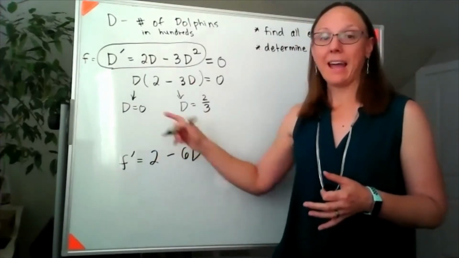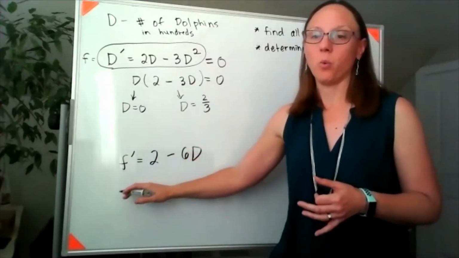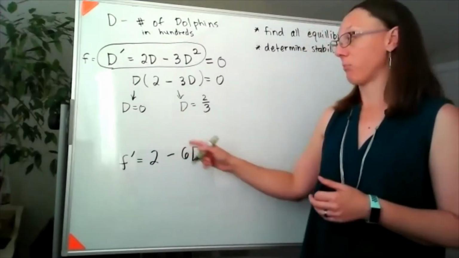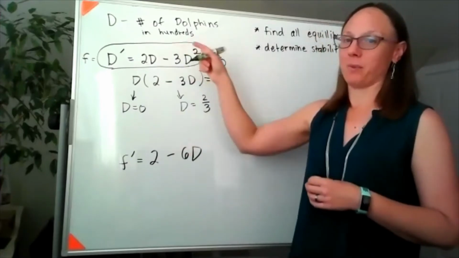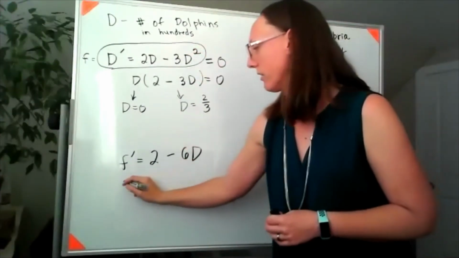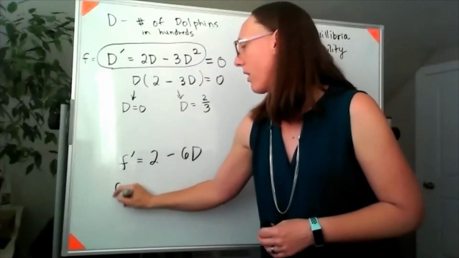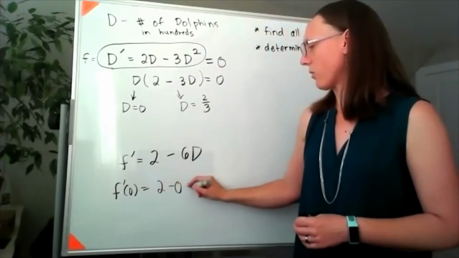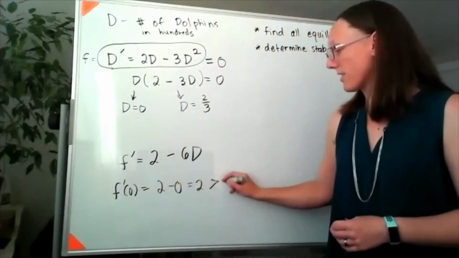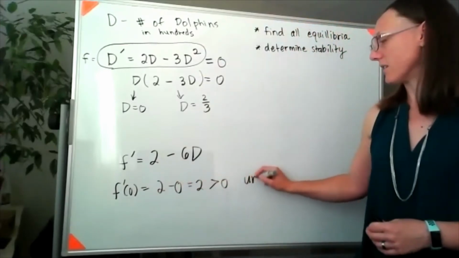Now, at each of those equilibria, what's the value of F prime, or what's the slope of our slope? How is our population changing? So F prime of 0 would be 2 minus 0, or 2. That's positive, which makes that unstable.